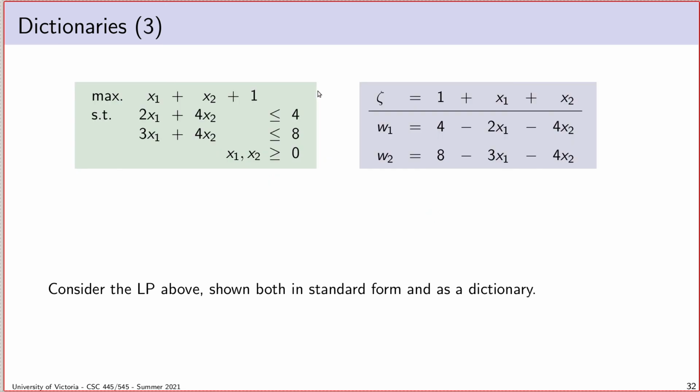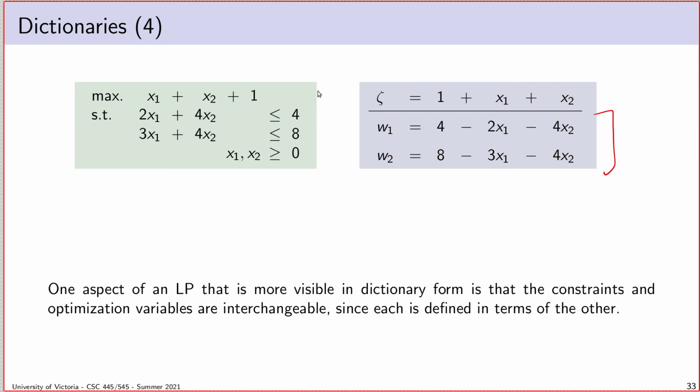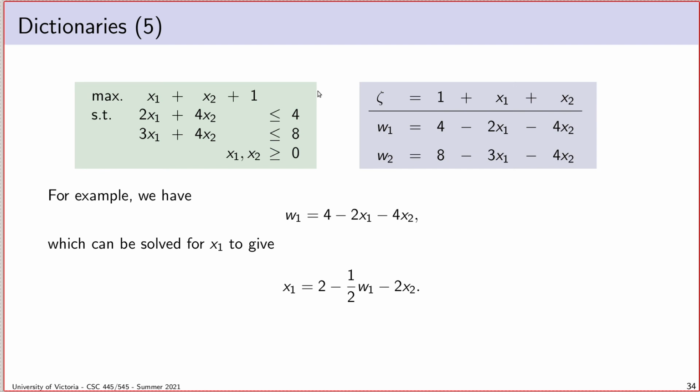Is there really any reason that I shouldn't be allowed to rearrange terms? And the answer is, well, no, I should. I can rearrange terms all I want. So let's try this. I know that w1 equals 4 minus 2x1 minus 4x2. I have that from the dictionary form. If I wanted to, I could rewrite that in terms of x1.